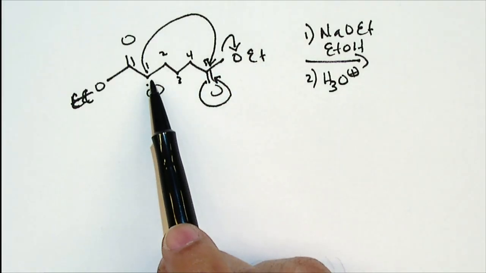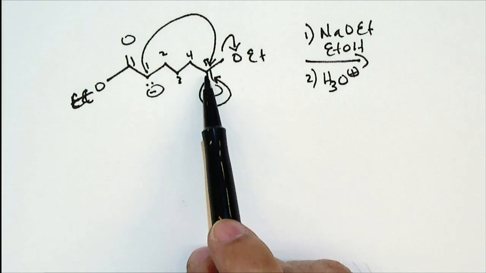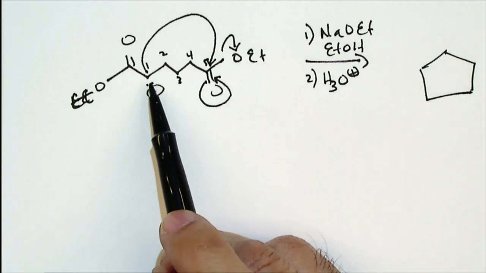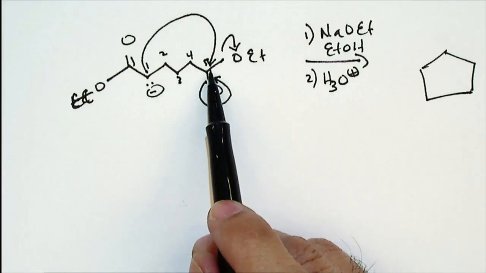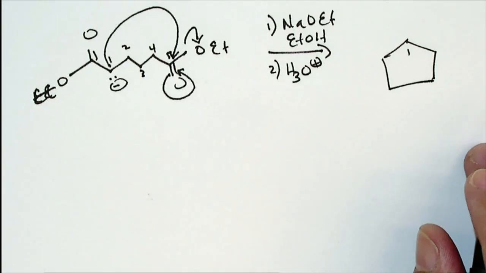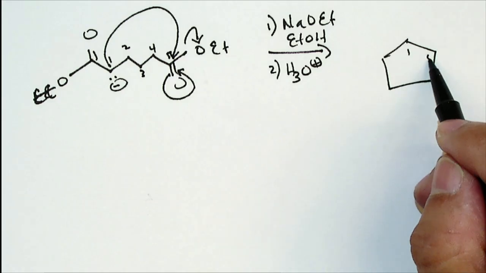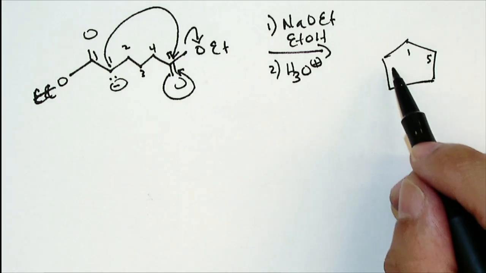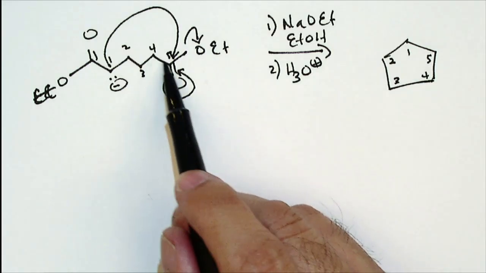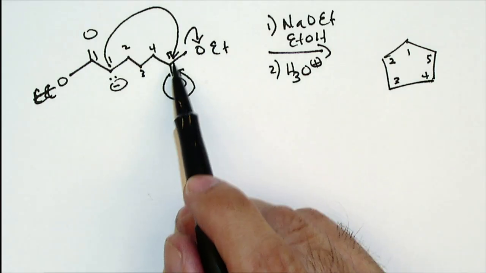So the ring that you've made is 1, 2, 3, 4, and 5. Let me draw the 5-membered ring. Now carbon number 1 is attached to carbon number 5. I'll just call this one, arbitrarily, carbon number 1, which has now formed a bond with number 5. So this is 2, this is 3, this is 4, and 4 is attached to carbon number 5.